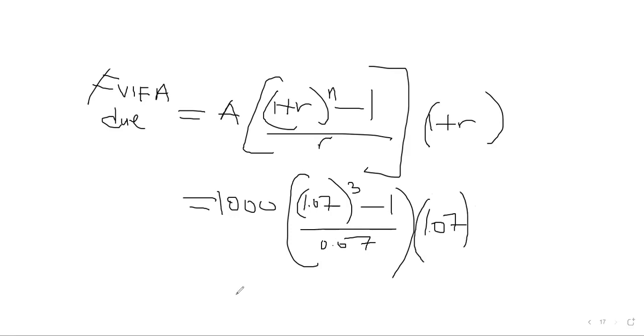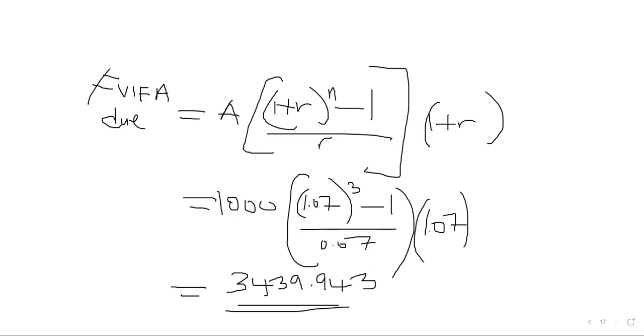So here the answer is going to be 1.07 to the power 3 minus 1 divided by 0.07 times 1.07, then times 1,000. So it's 3,439.943. This is the future value interest factor annuity due.